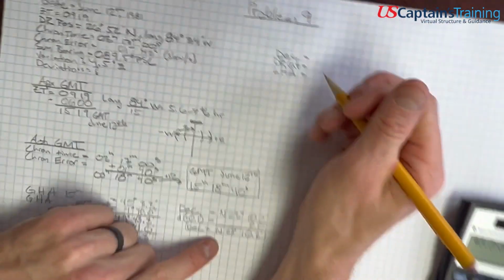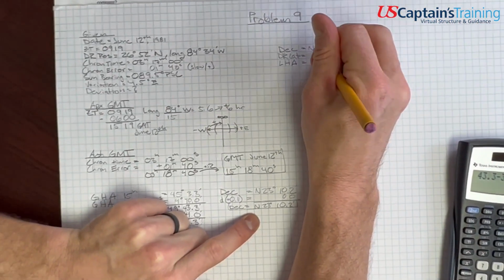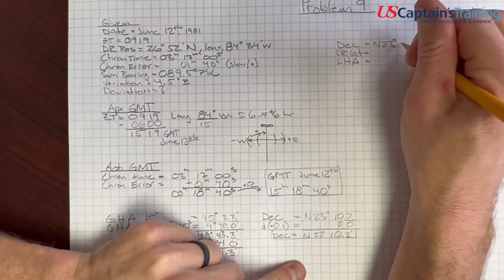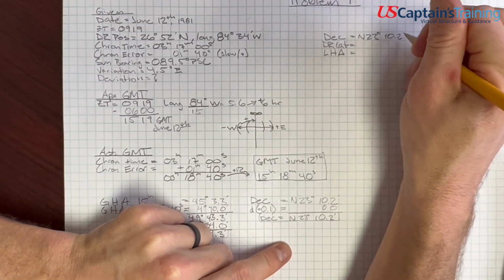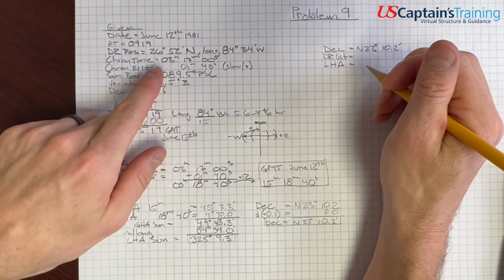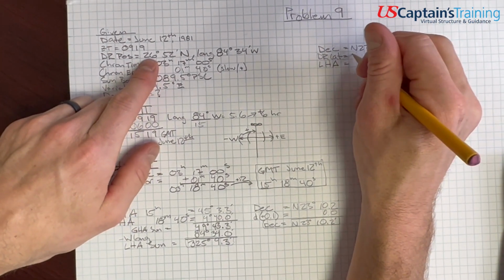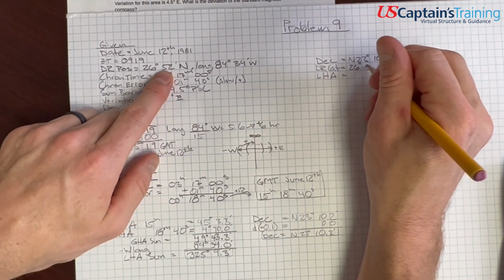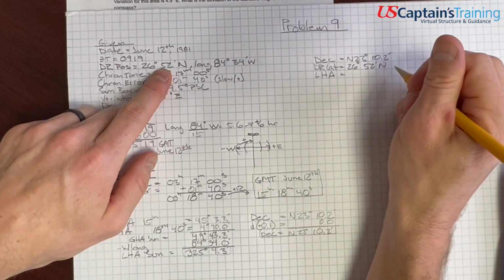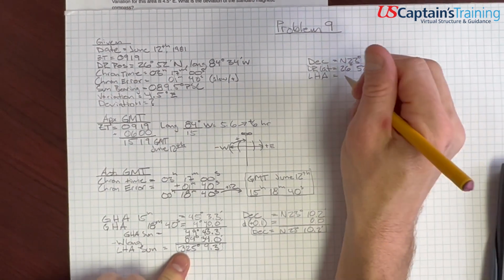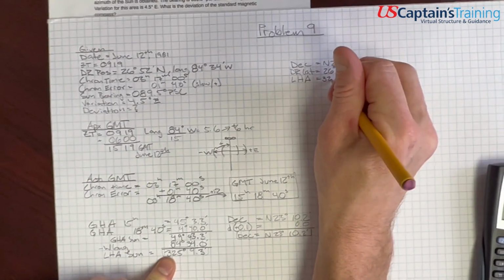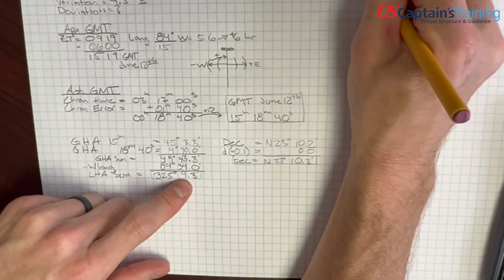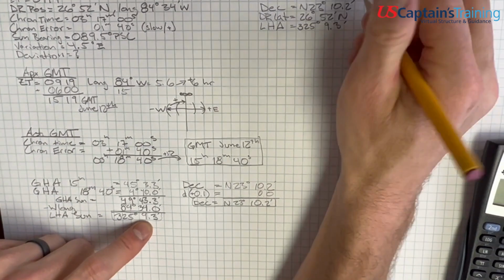Our declination is north 23 degrees, 10.2 minutes. DR lat, 26 degrees, 52 minutes north. LHA is 325 degrees, 9.3 minutes.